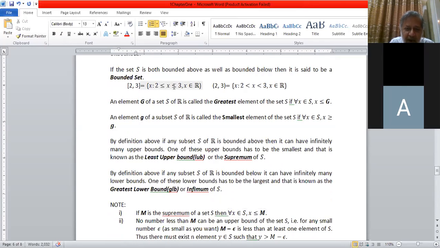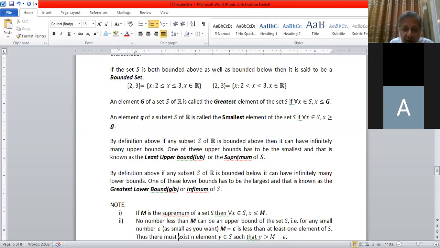Now, going back to these examples, 2 is the infimum in this set, 3 is the supremum in this set. In this set, again, 2 is the infimum and 3 is the supremum. So there is a difference between the greatest element and the supremum.